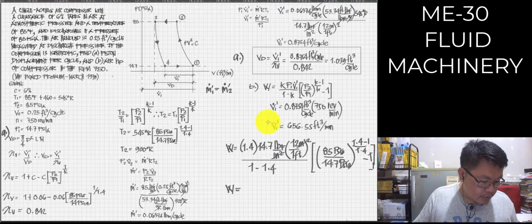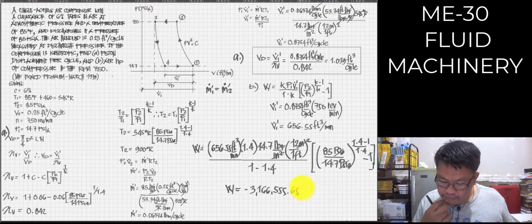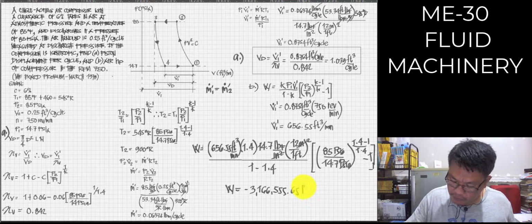We have 656.55, and the unit is foot pound force per minute.